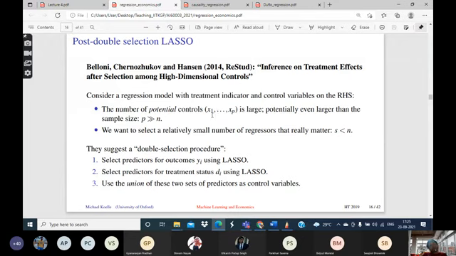Those controls might be the daily number of contacts people have, whether they are wearing masks all the time or not, their age and comorbidity, etc. Whether they are taking other kinds of medicines or not can also be potential controls.